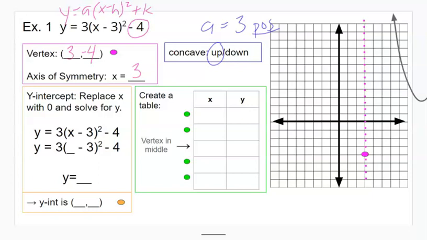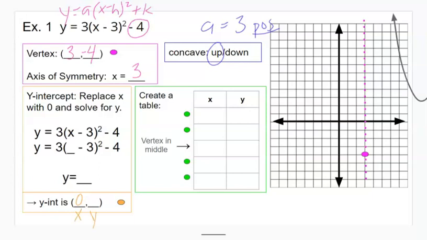The next piece is to solve for our y-intercept. So it's going to be similar to how we solved for our vertex in the original standard form. But for the y-intercept, we are going to replace x with 0, and we are going to solve for y, because the y-intercept is always the value when x is 0, and then you solve for y.